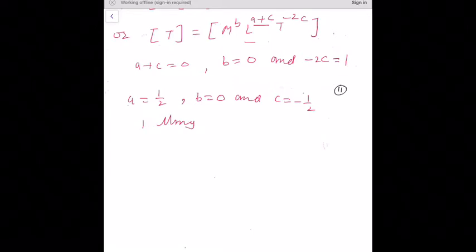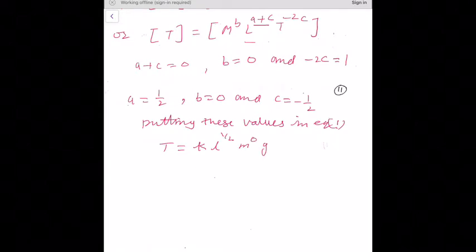Putting these values in equation 1, T is equal to k, l to the power a, meaning l to the power half, m to the power b, meaning m to the power 0, and g to the power c, meaning minus half.